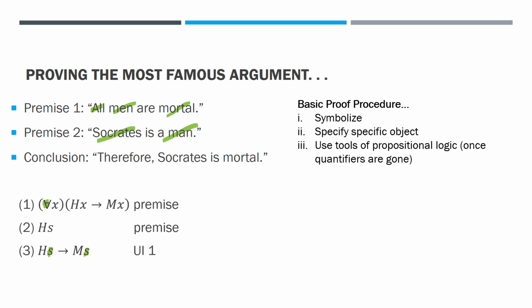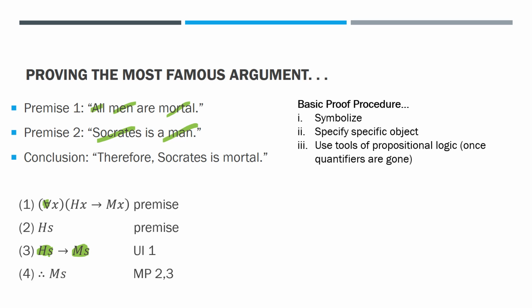Already, with premise 2 and our derived third sentence, we can prove what we want because we can do a modus ponens inference. Premise 2 tells us that Hs is the case, so we can affirm this antecedent to then affirm this consequent.